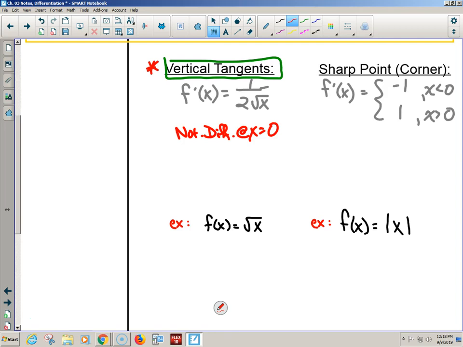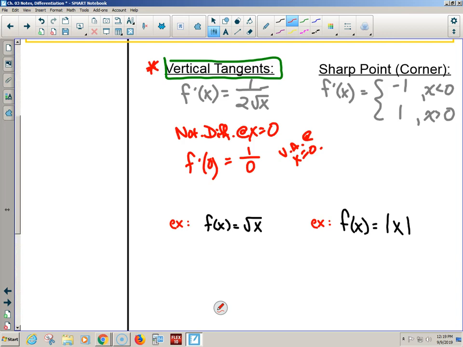I don't even care about a limit. That doesn't exist at 0, right? But how does it not exist? f prime of 0, I could say equals 1 over 0. I'm not wrong. But what does this indicate? A vertical asymptote at x equals 0.